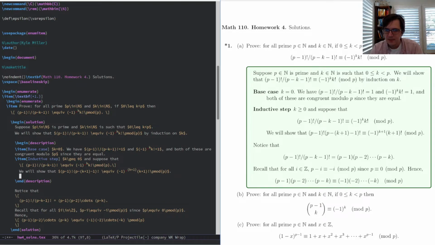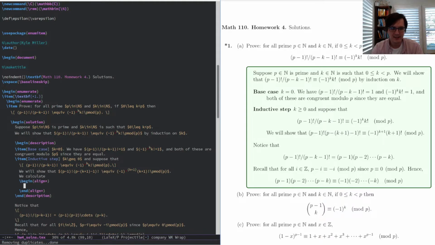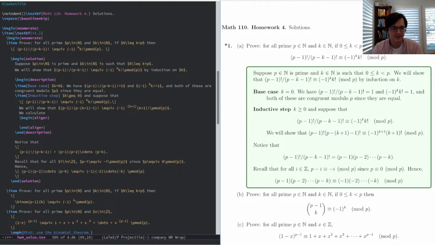And, okay. We calculate. At this point, it requires knowing where we're going. The stuff that I had written out below, we're not really going to use, but maybe I'll copy some stuff out.